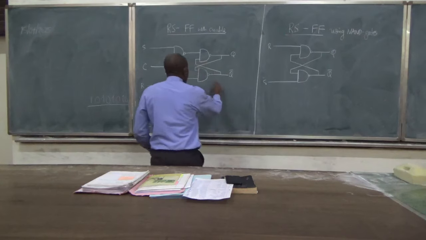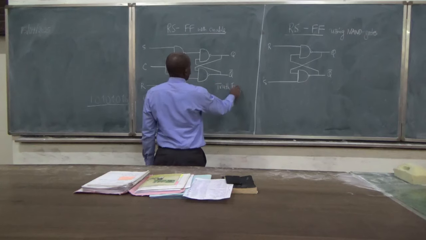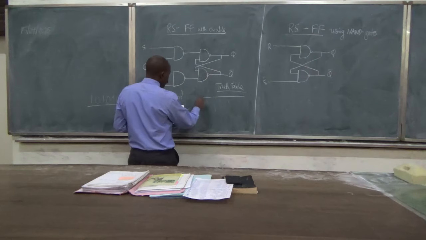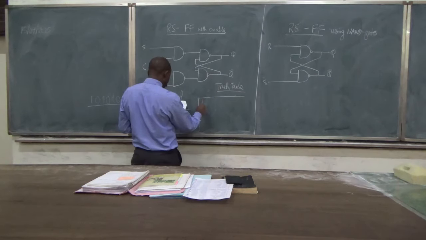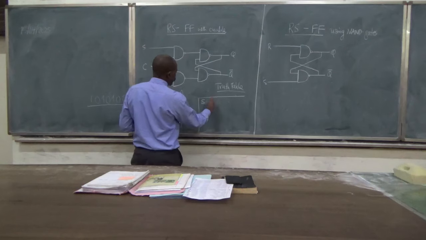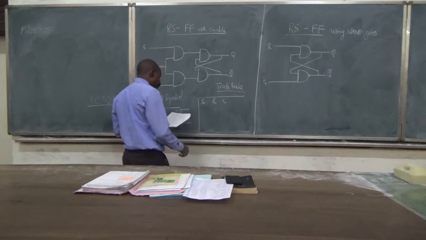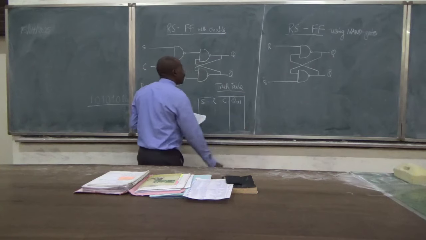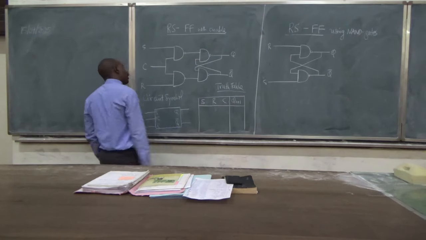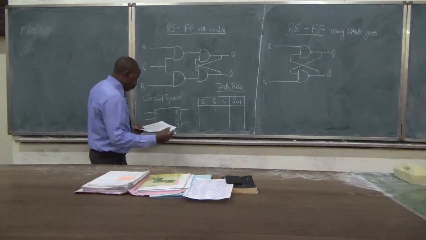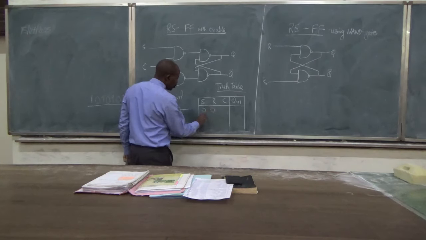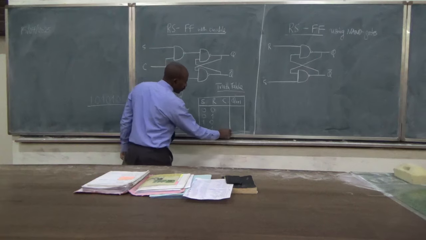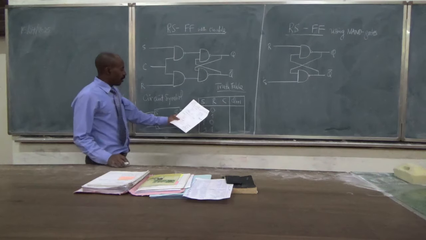And then the truth table is that we have 3 scenarios. We have when we set, we put a pulse and get the next state, showing +1. And so we do the normal 0, 0, 0, 1, 1, 0, 1, 1. And then we have the clock.